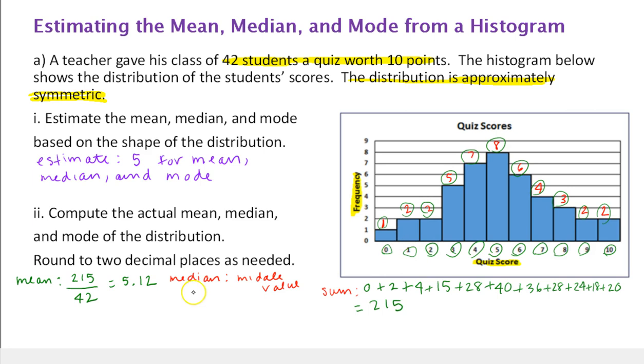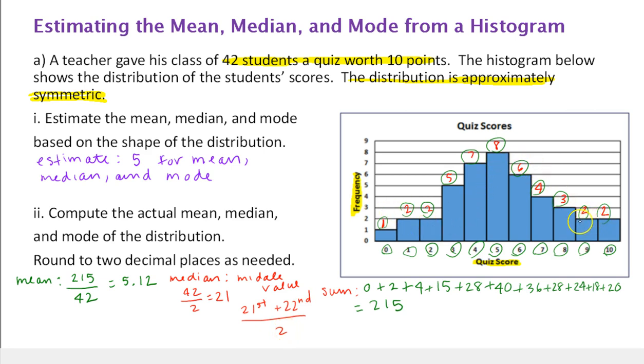Now we know there's 42 data points, and if we divide 42 by 2, we get 21. So when you get a whole number answer, you take that value plus the next largest value and average them. So the 21st data point in the list plus the 22nd data point in the list, and then we'll divide those values by 2.